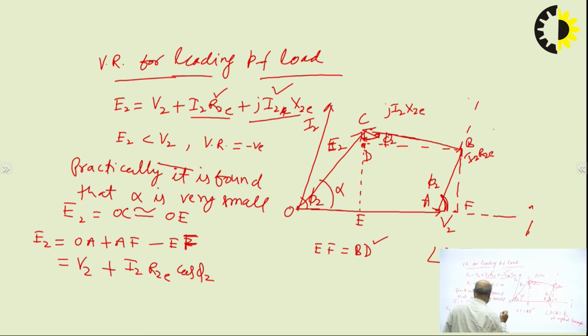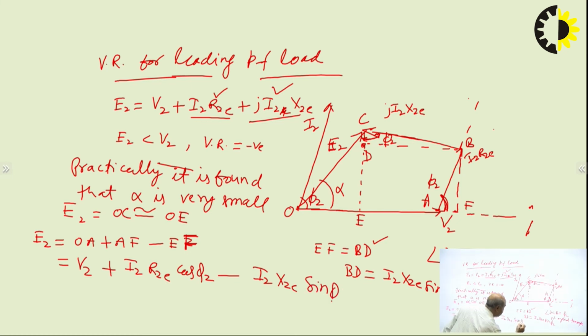By this right angle triangle, we can write the value of BD. BD will be I2 X2E sine of phi 2, and BD will be equal to EF, so EF is I2 X2E sine of phi 2.